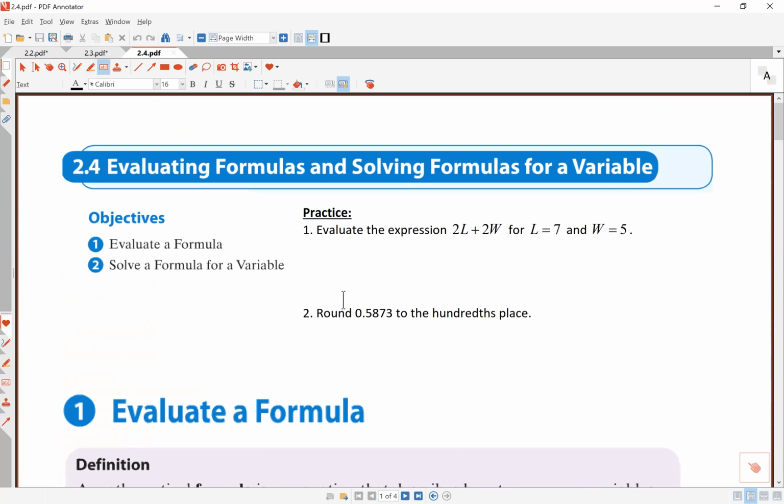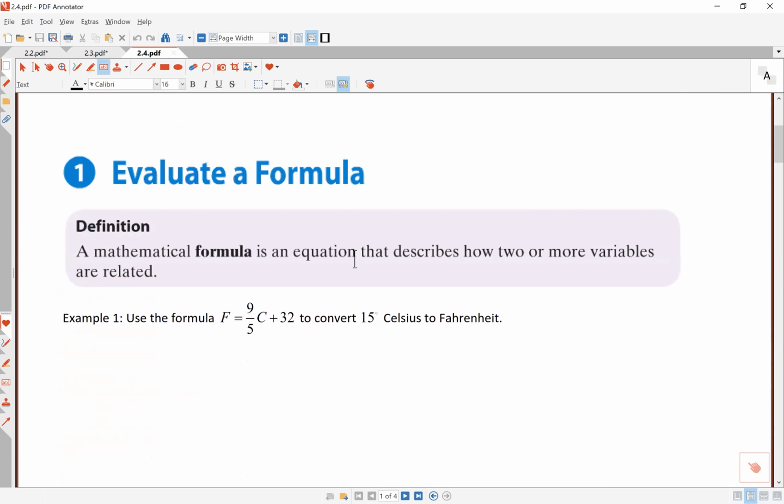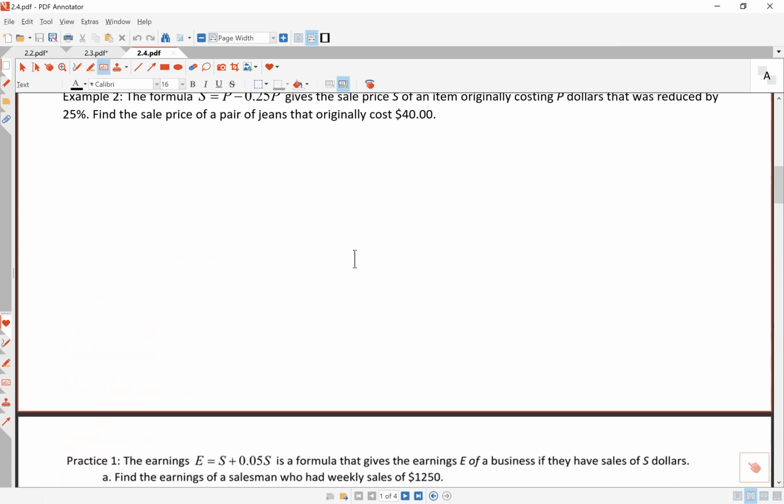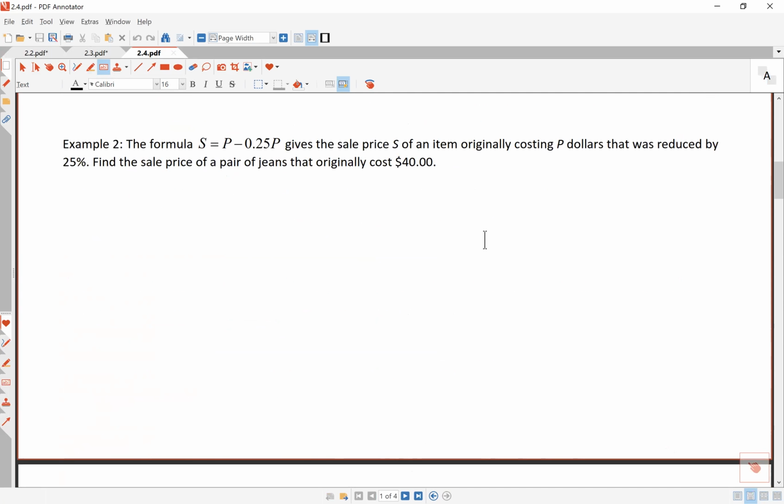2.4 is about formulas and solving formulas for a variable. So you'll most likely remember this one.